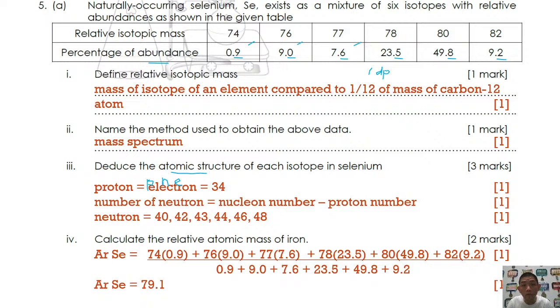As for calculations that involve mole, only then you look into details on how many significant figures are used in every value in the question. That is how you determine when to use significant figures and when to use decimal places. So that is how you answer question number 5.